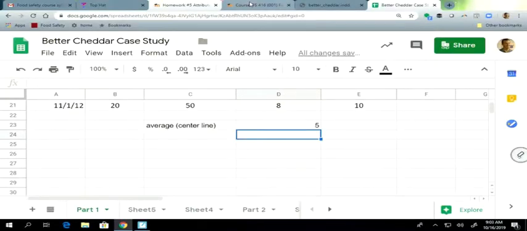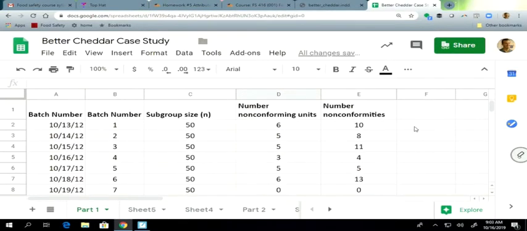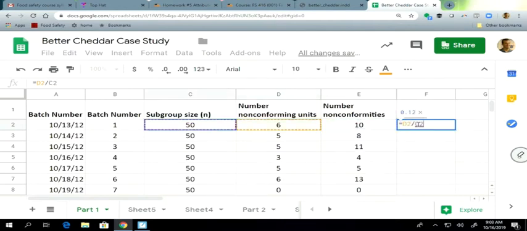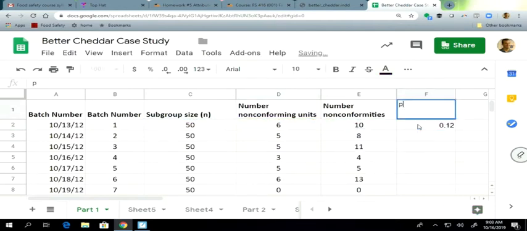So how do we figure out the P bar for all of these? Well, you know how to do that. Based on the last couple lectures, we're just going to take NP and divide it by N. So this is P, proportion non-conforming.